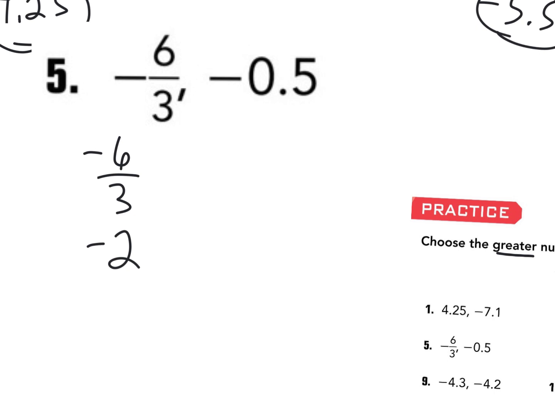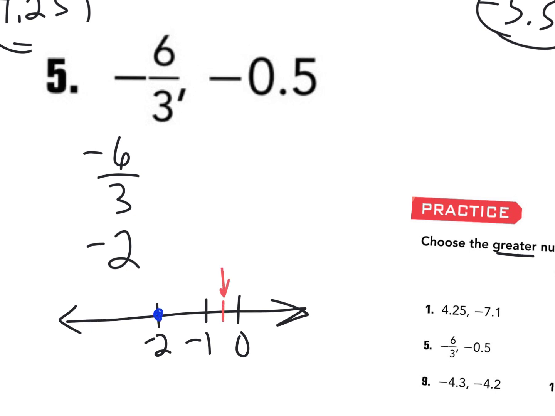And then our other one we have negative 5/10, which is like negative 1/2. So like I said, you could probably just go off of one of the previous number lines that you've done. Here's negative 2. Negative 5/10 would be like negative 1/2. So the greater number would be negative 1/2. If it's negative 1/2 degree, it's warmer than negative 2 degrees. Not by much, but.